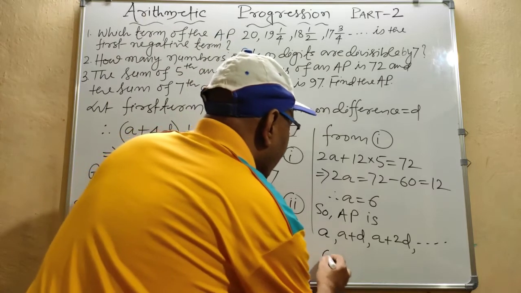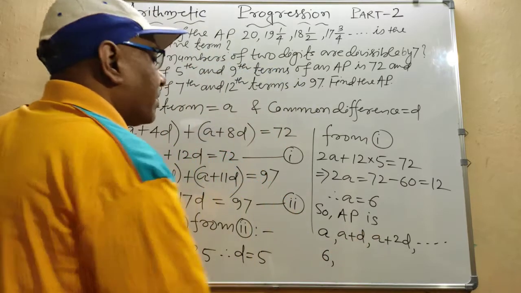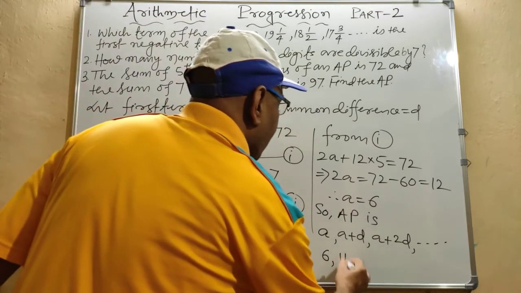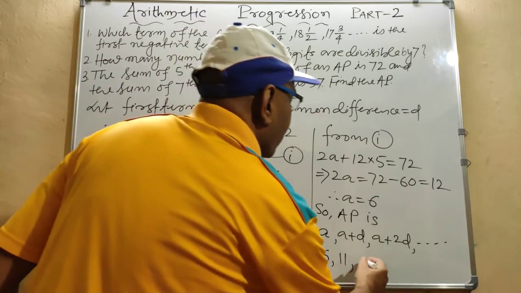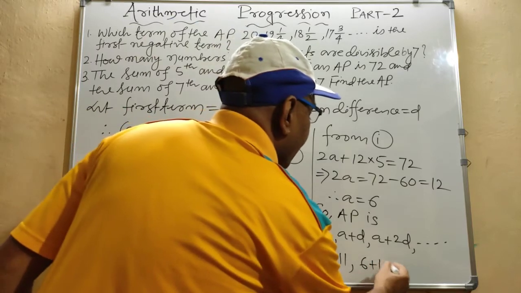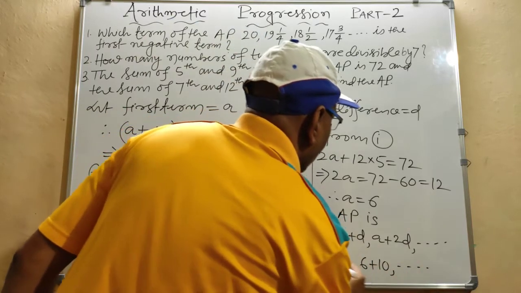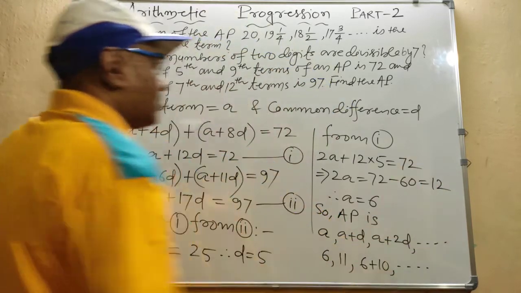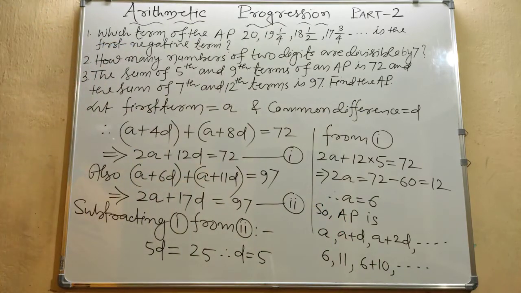First term a, 6. Second term a plus d, 6 plus 5, 11. Third term a plus 2d means 6 plus 10, 16, and so on. So 6, 11, 16 and so on is the arithmetic progression. In this way we can find the arithmetic progression.